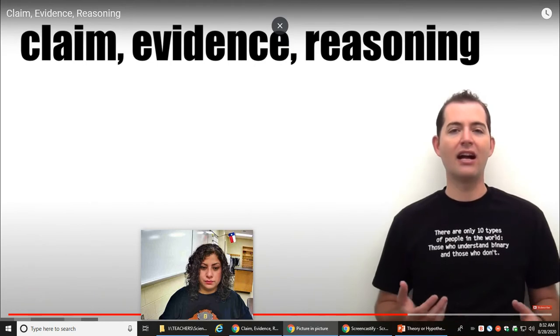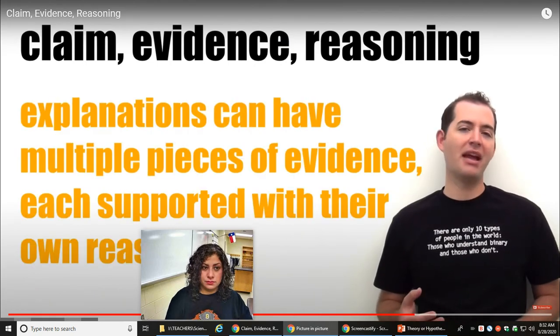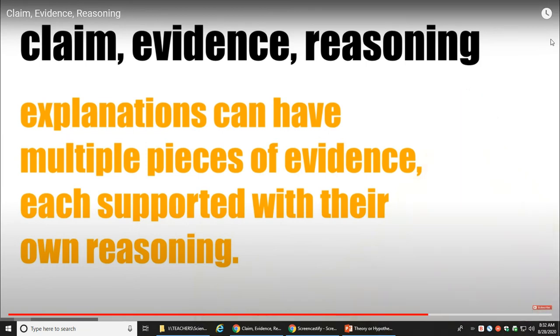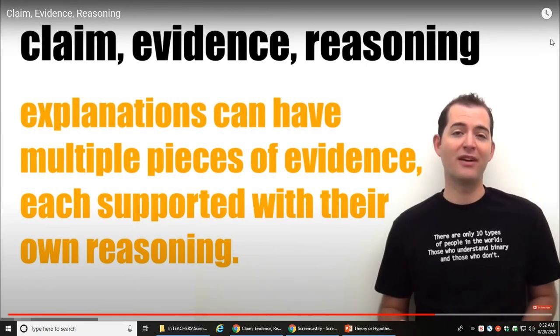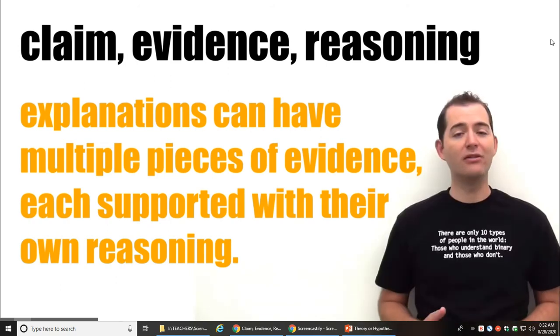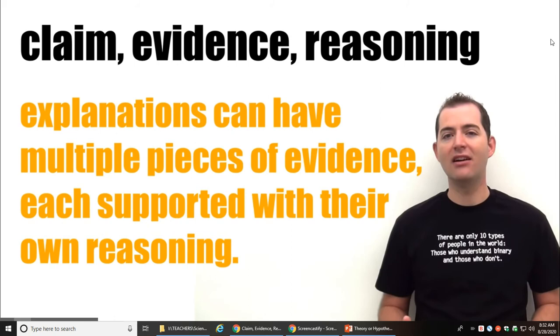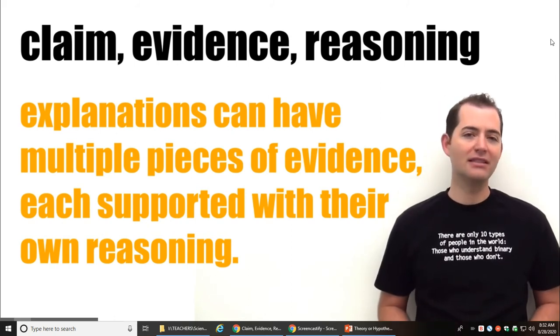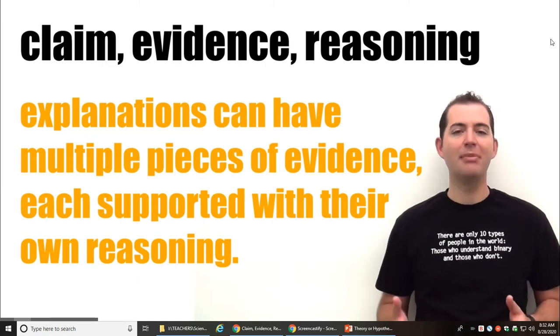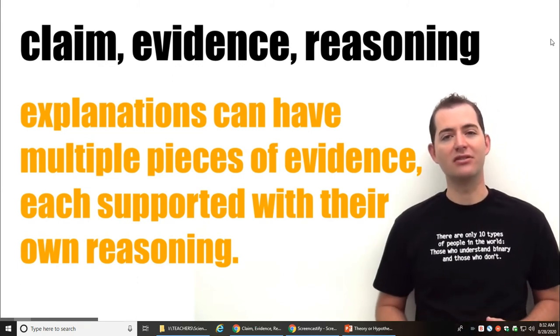This C.E.R. explanation could be further expanded to include an additional evidence and additional reasoning. For example, we can include principles of how the air also takes up space, which is an additional characteristic of matter. It's important to note that the reasoning part of a C.E.R. or a claim evidence reasoning explanation is the most difficult part and typically causes the most challenge for students.